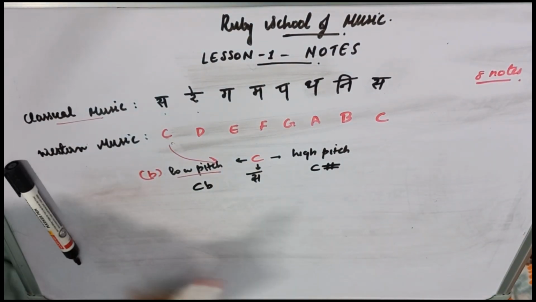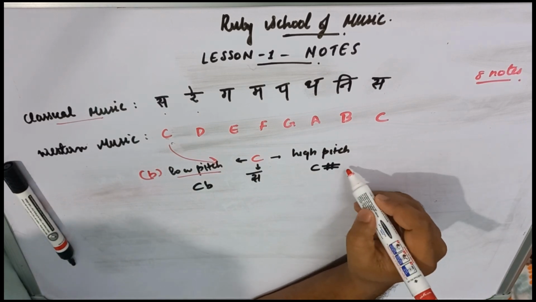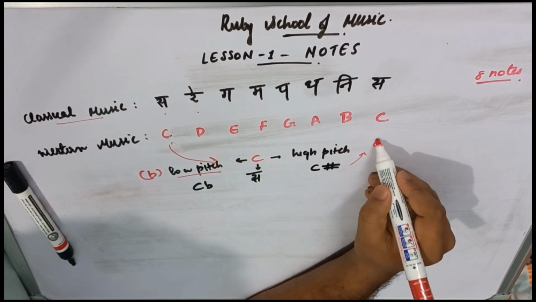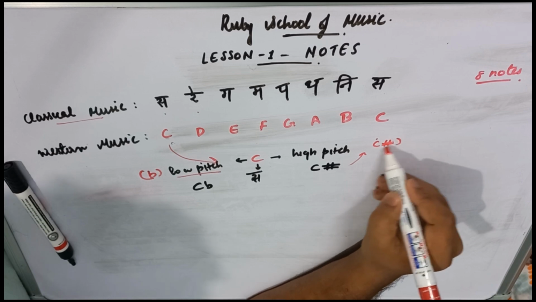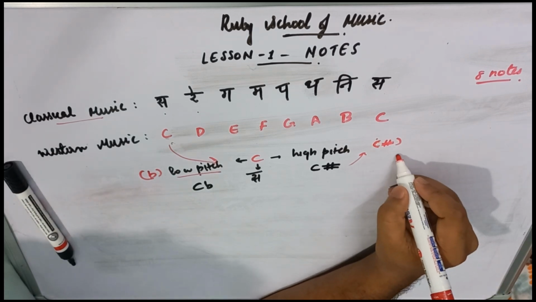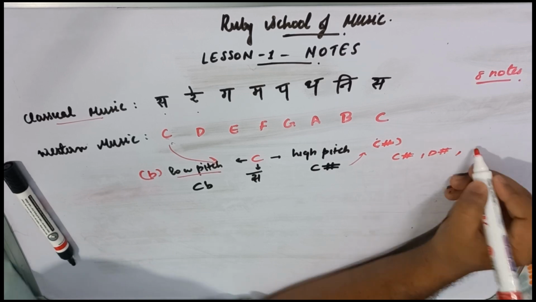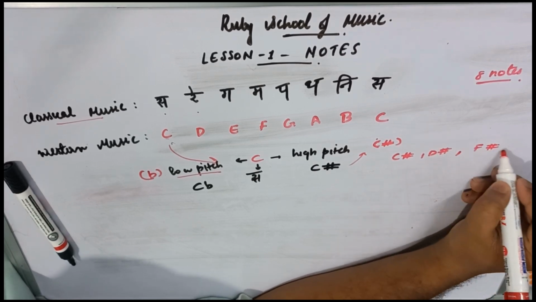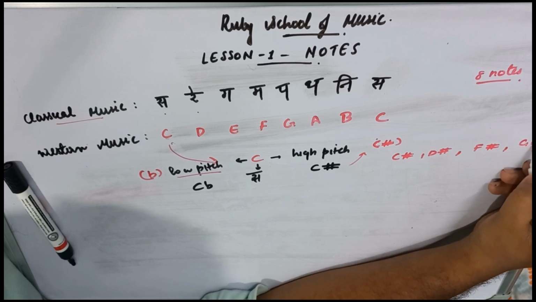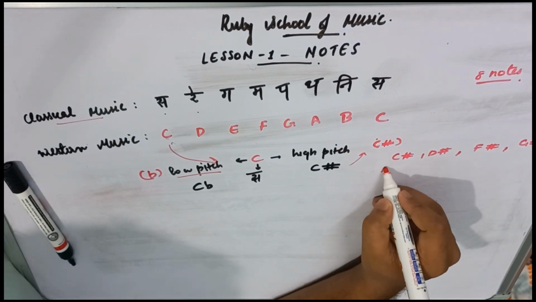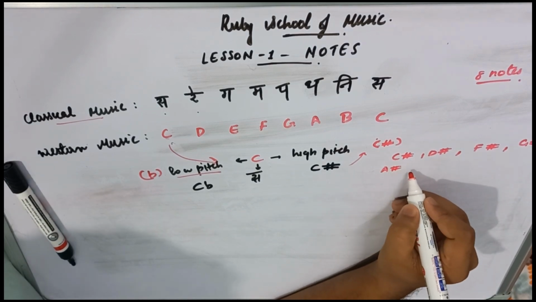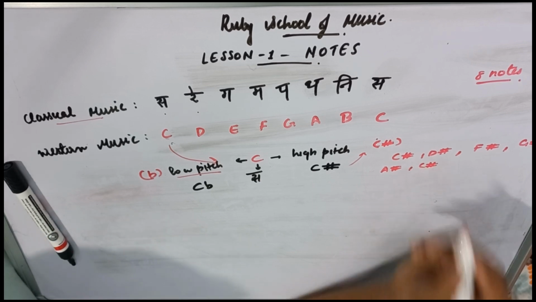Now for the high pitch, we represent this, as you can see here, with the hash sign, like this. For example, C sharp, D sharp, F sharp, and G sharp, A sharp, and C sharp.